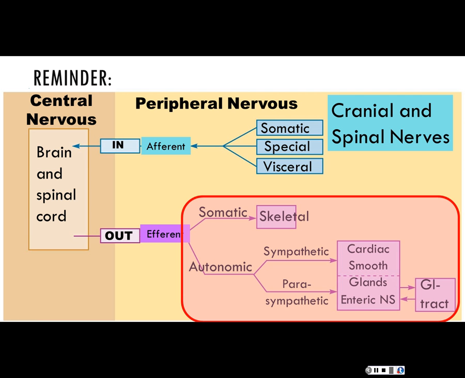So we're going to look at the efferent nerves that control our, those are called? Effector organs. Effector organs. Very good. Okay, so far? Looking at how we control effector organs at each, the somatic and the autonomic nervous system.